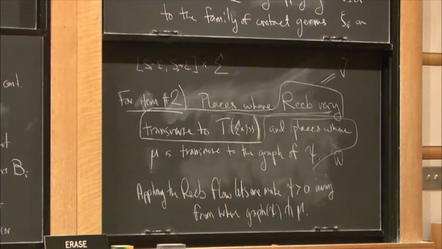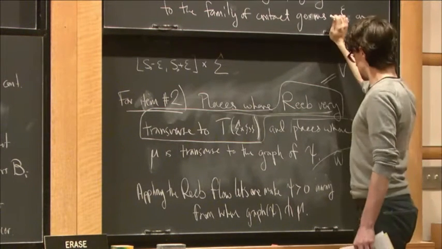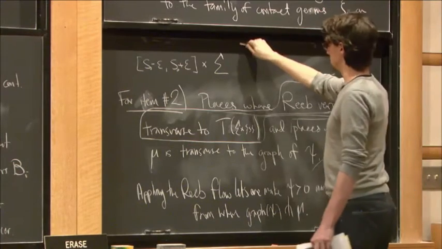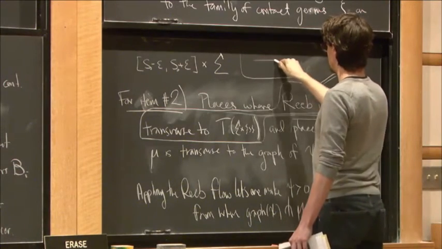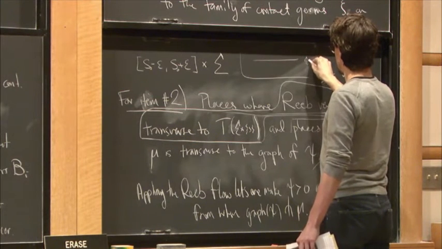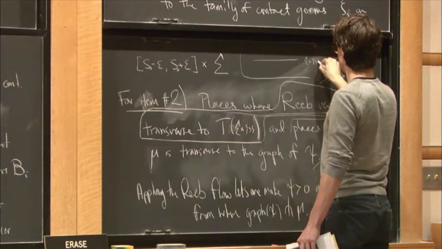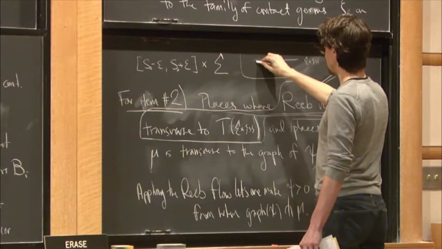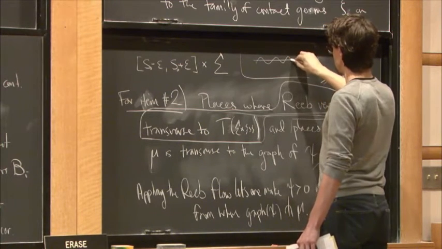So using that the red vector field is transverse, is pointing vertically, you flow by the red vector field to change the graph so that the function becomes positive. Here's like the slice, and the graph, I don't know, is whatever you want.